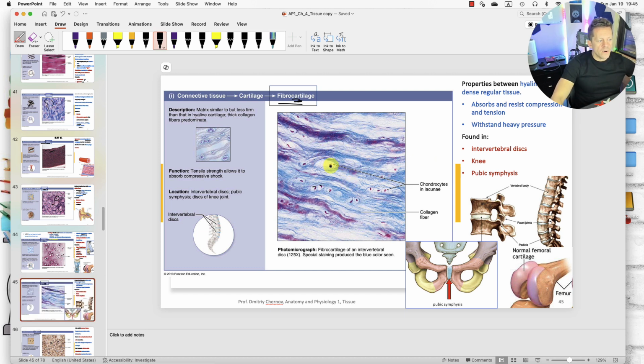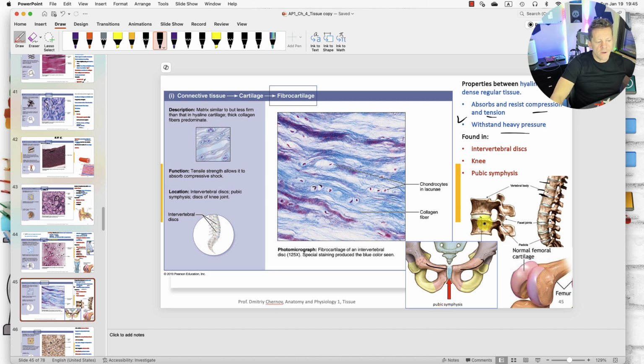So the fibrocartilage is found in places where you need to absorb and resist a lot of compression and tension and withstand heavy pressure. Within the spinal column, there are the vertebrae, and here's the intervertebral disc, basically in between the vertebrae. The pubic symphysis, where the hip bones are connected to one another.